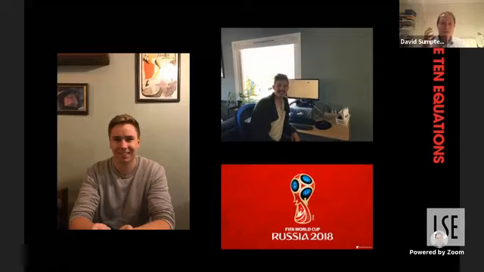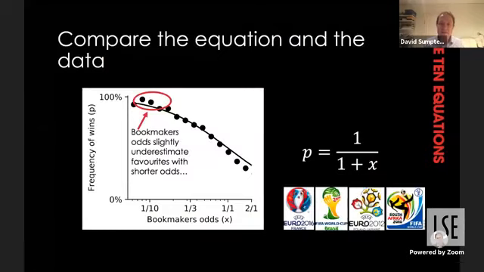You're not trying to identify one or a small number of winning matches. You're trying to beat the odds over lots and lots of matches. And that's what we worked on. We worked on a model together. I'm not going to go into the details here, but I want to give you an idea of how it worked. What we did is we plotted the bookmakers' odds.